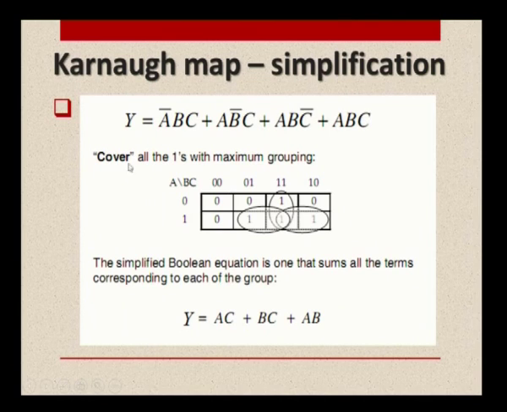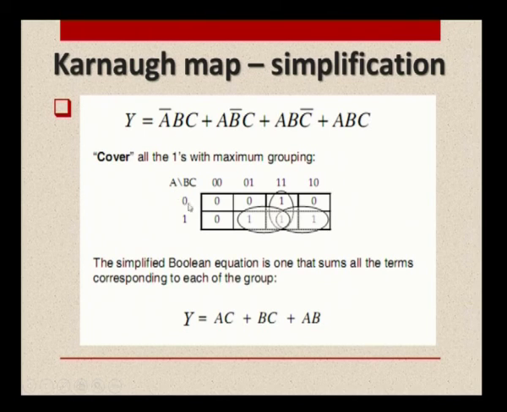So, what we have to do, this is an expression in the form of sum of products. There are 4 products here: A bar B C, A B bar C, A B C bar and A B C. These 4 products are summed up. So, it is called sum of products, and we need to form a K-map in this manner, because it has 3 inputs.